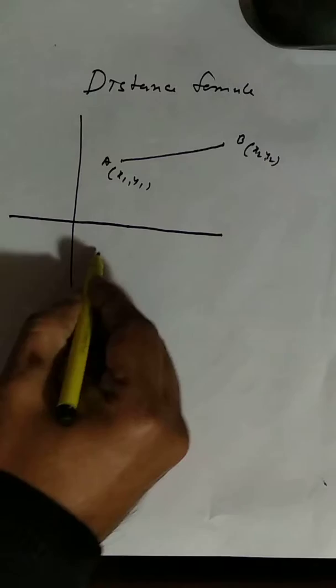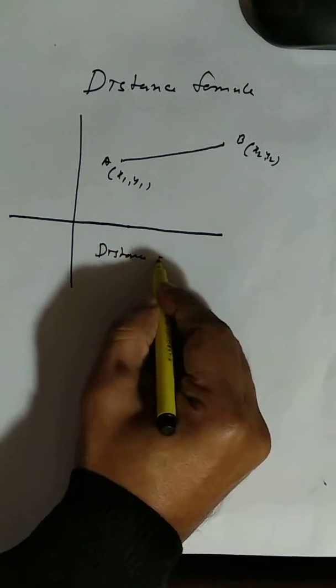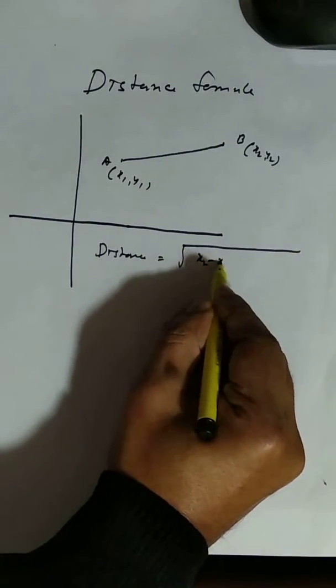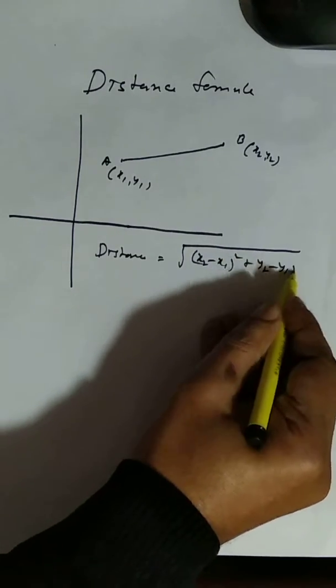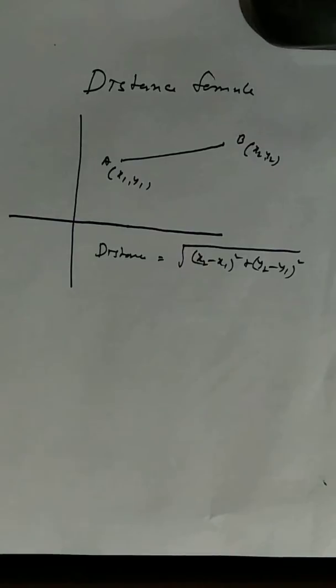Distance equals square root of (x2 minus x1) whole square plus (y2 minus y1) whole square. Now, if 2 points are given with their coordinates, then using this formula, you can find the distance between these 2 points quite easily.